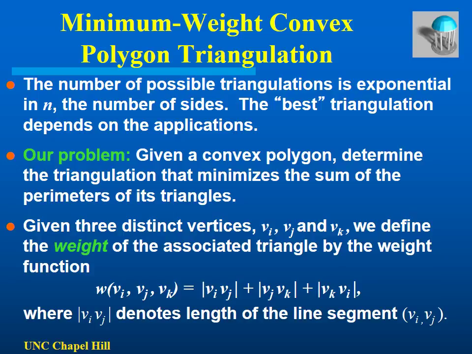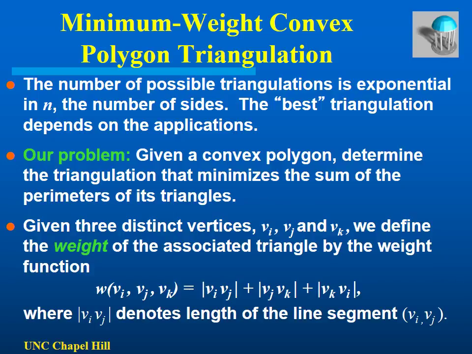To do that, we need to talk about a triangle in terms of the three vertices of the triangle, the three polygon vertices that are the vertices of the triangle.